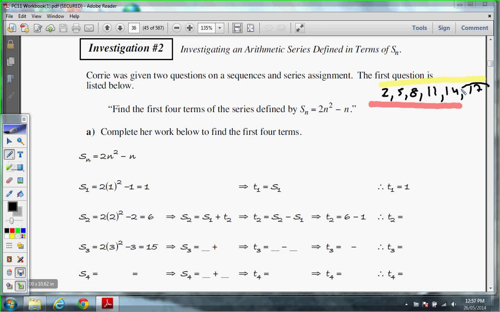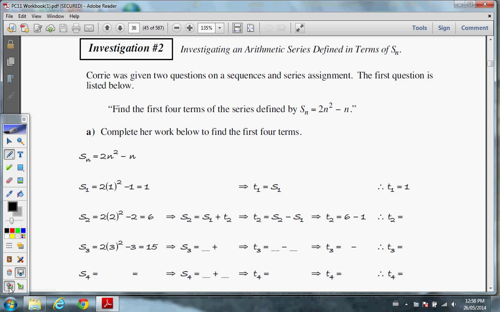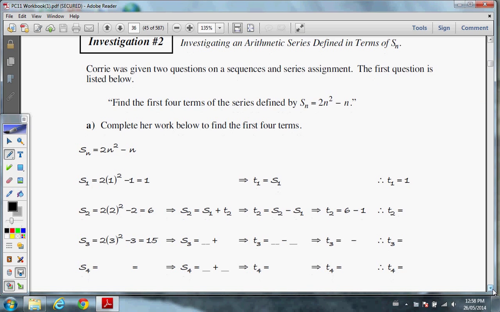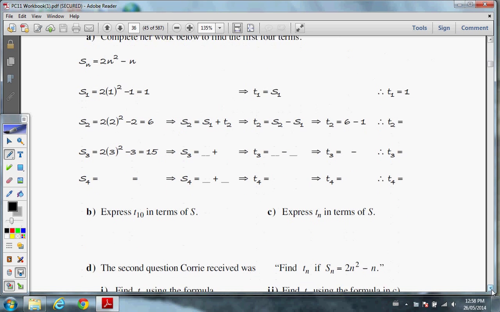I'd be left with this, which is term 6. So series 6 minus series 5 gives you term 6. So it's a way to find your term numbers if you need to. It's like cutting off a piece. So that's what this is going to be about. Just stay with me. It's a lot of letters.